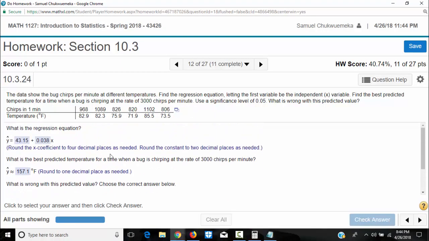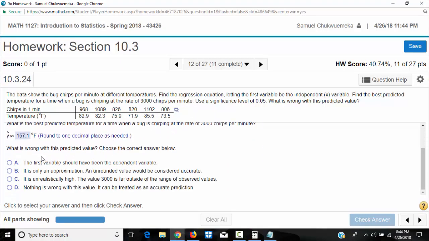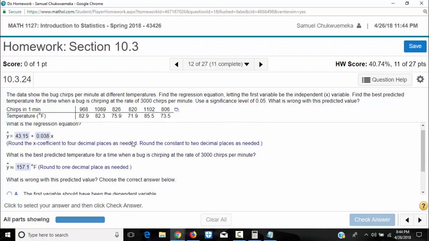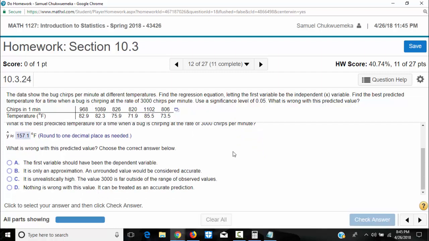So let's see here. X is 3000. As you can see here, 3000 is beyond the scope of this data for the X, because we have 968, 1089, 826, 820, 1102, and 806. 3000 is beyond the scope.